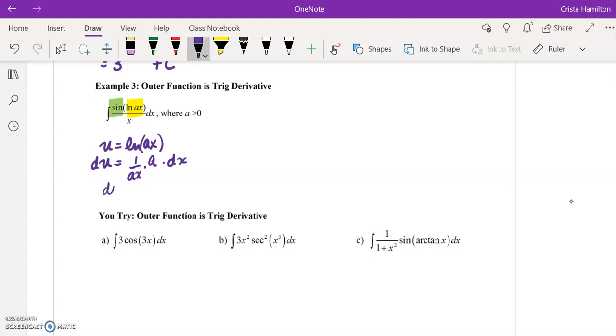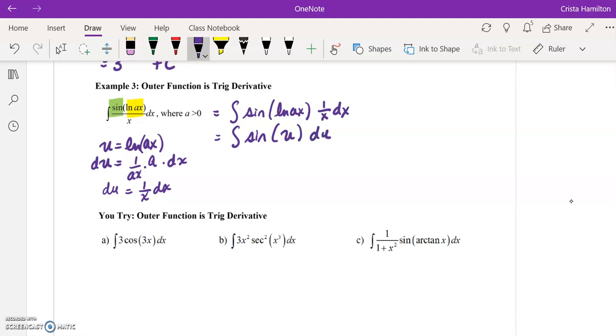And this ends up being du equals 1 over x dx. So I'm going to rearrange this just a little bit to help us see what's going on here. So I really have sine of this natural log of ax, and then I have 1 over x dx.